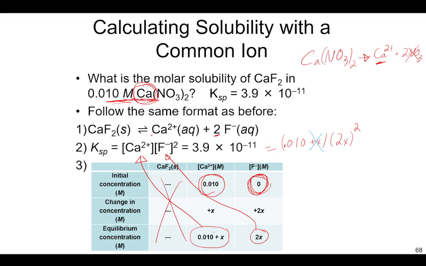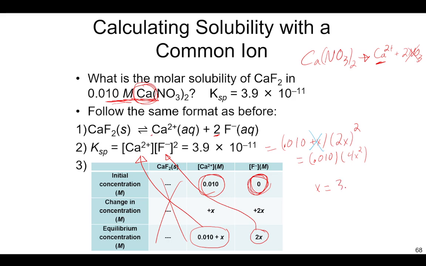Usually these solubility concentrations are small, even more so in the common ion situation. So this x is going to be something really tiny and safe to neglect. So neglecting that makes this problem fairly straightforward. Now this turns into 0.010 times 4x squared. And you should be able to work through and solve here for x.